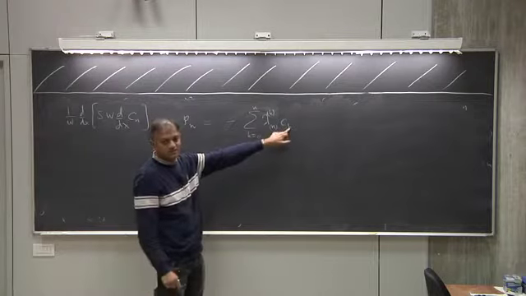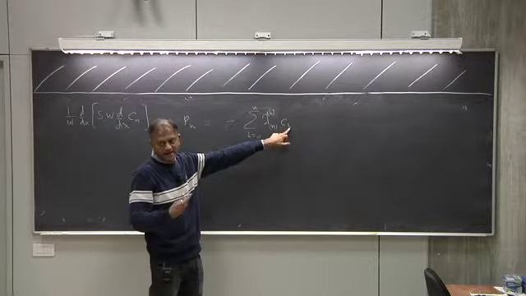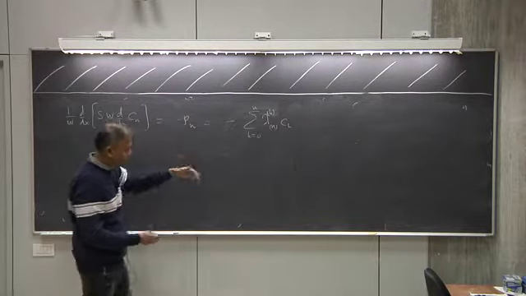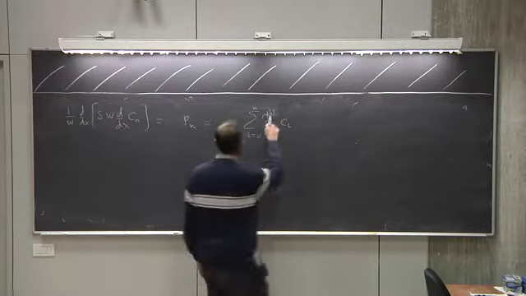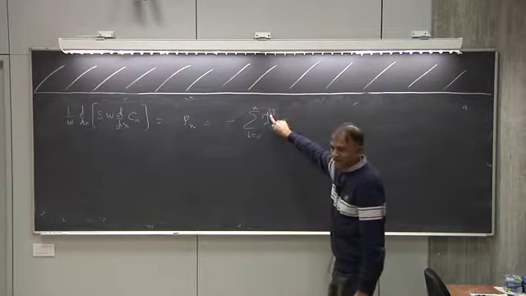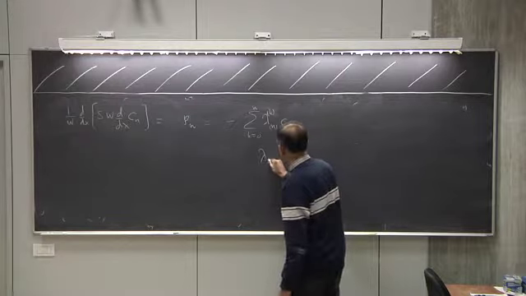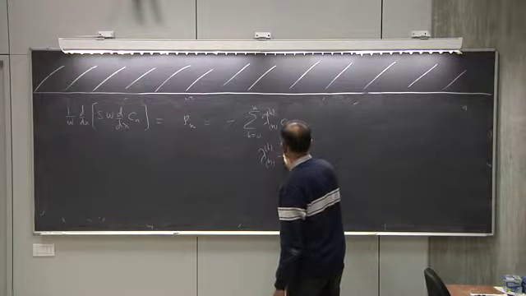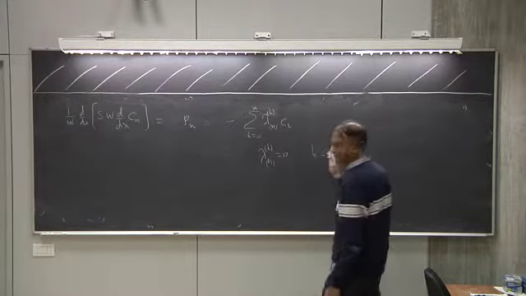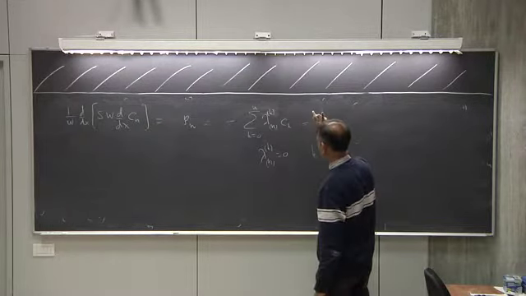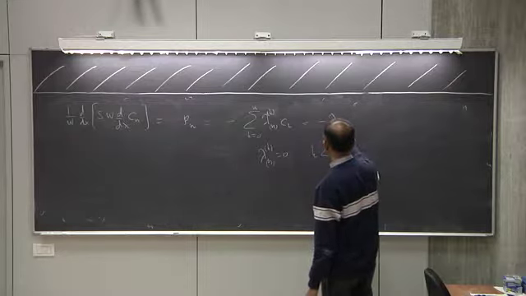So the highest degree that will appear is n. But we showed a little while ago that these coefficients lambda n k are 0 for k less than n. Therefore this entire sum collapses to just one term, which is this Cn.